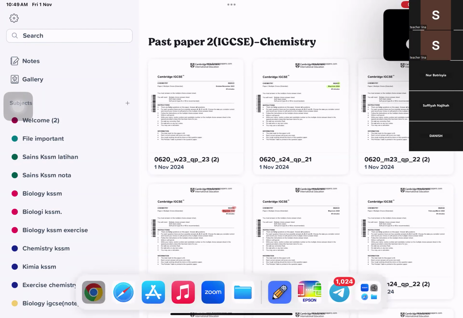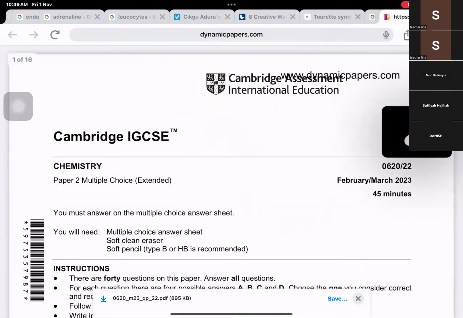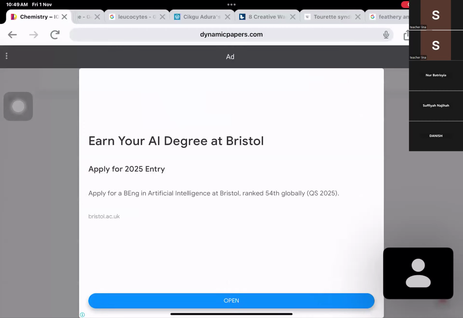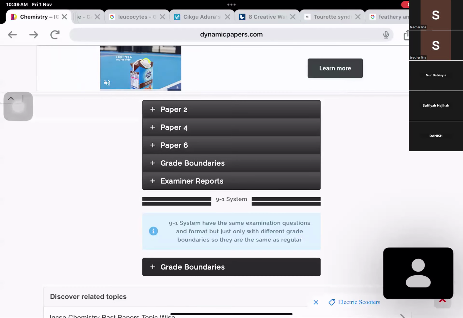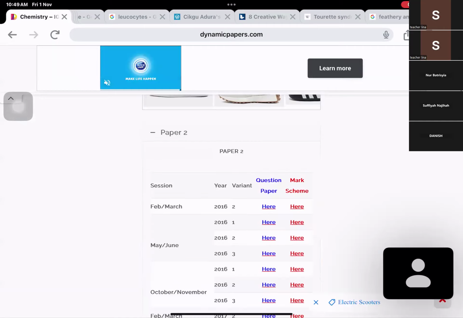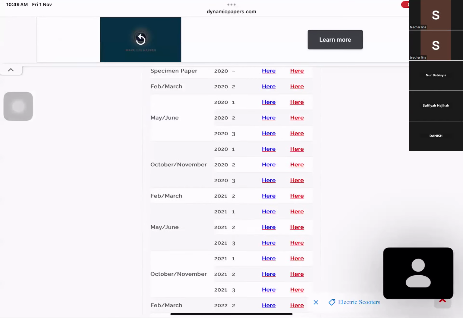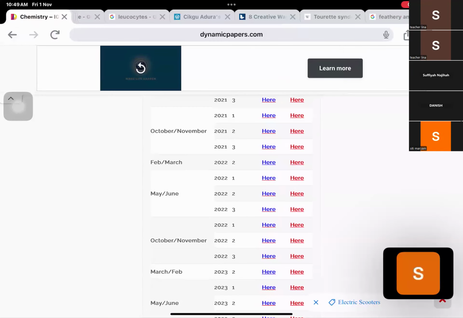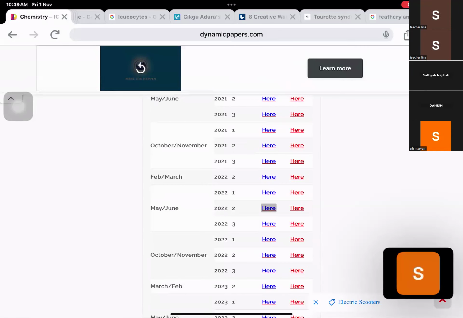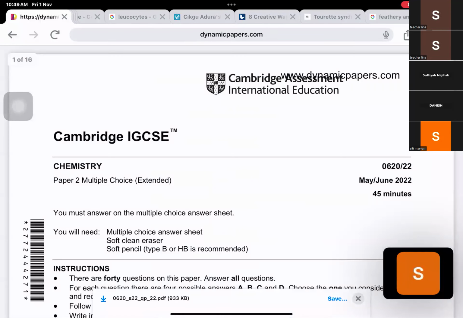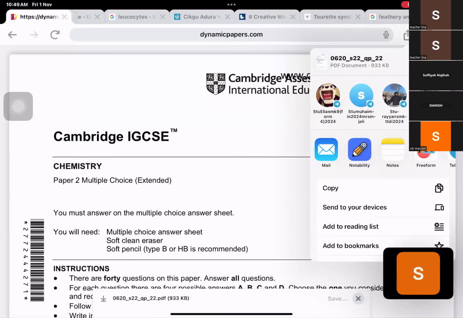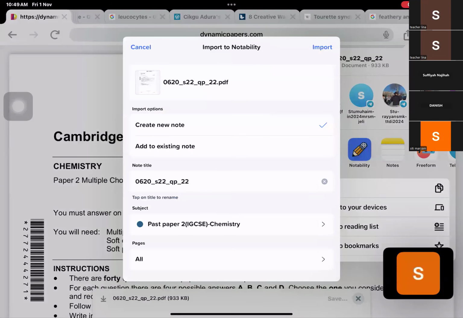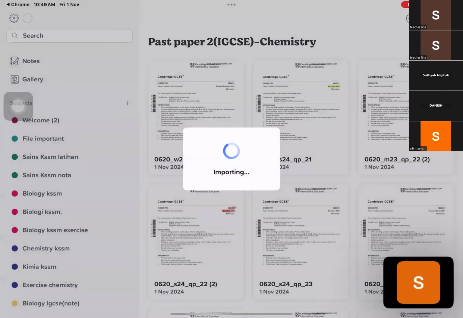Teacher extract terus je pada sini. May, June 2022, variant 2. Question 40.